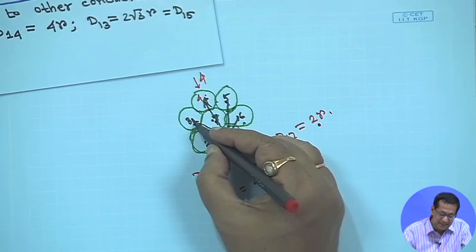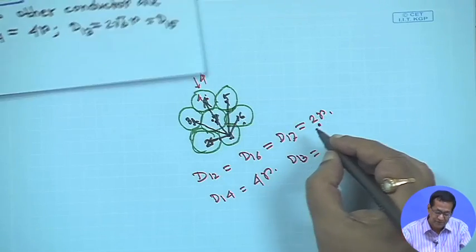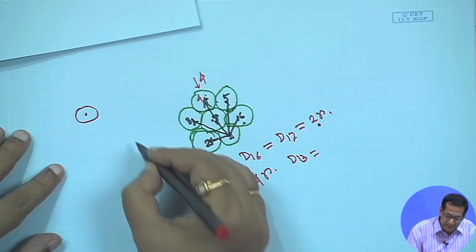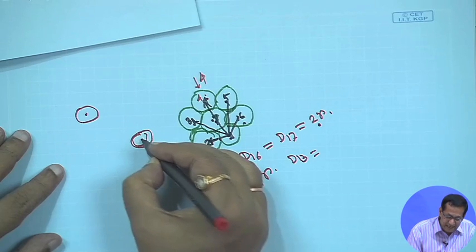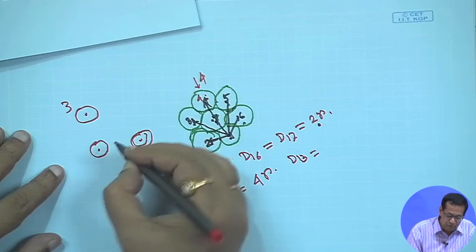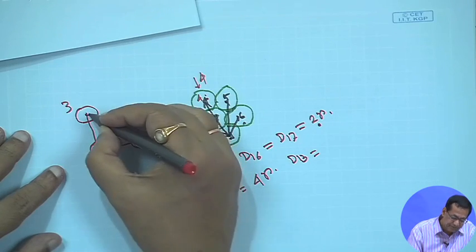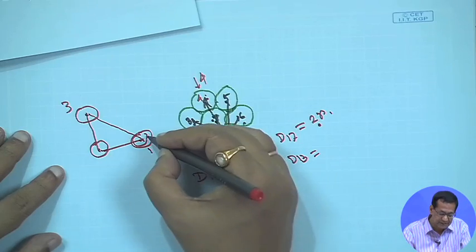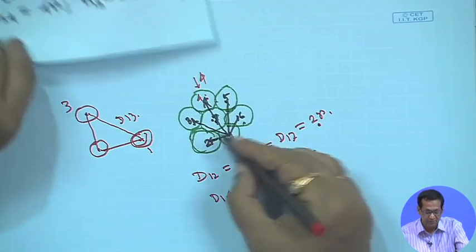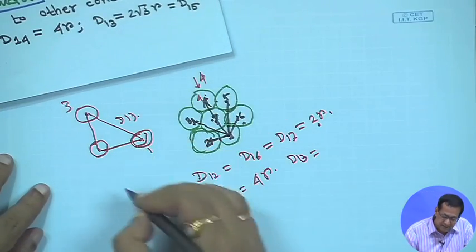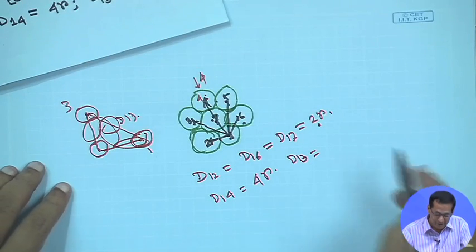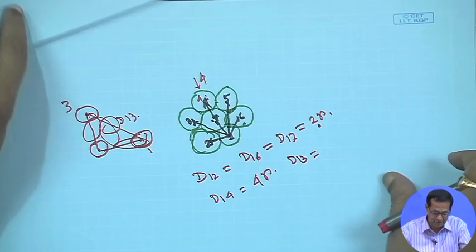is 1 to 3. Separately I am trying to draw it. This is 1, this is 3 and this is 2. You have to obtain D13, that is, 1 to 3. Just hold on, I am making it.